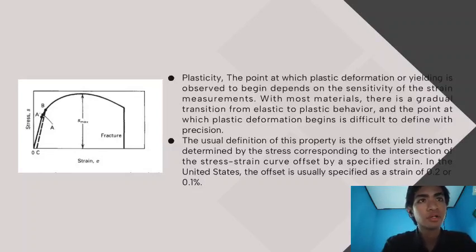The yield strength obtained by an offset method is commonly used for design and specification purposes because it avoids the practical difficulties of measuring the elastic limit or proportional limit. This definition makes the yield strength a much more appropriate criterion on which to base design considerations.